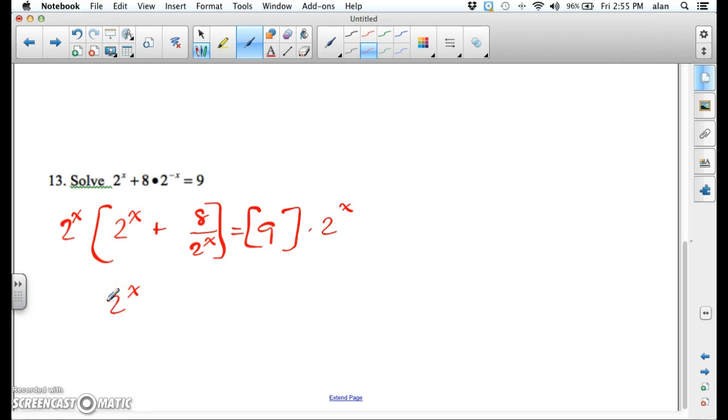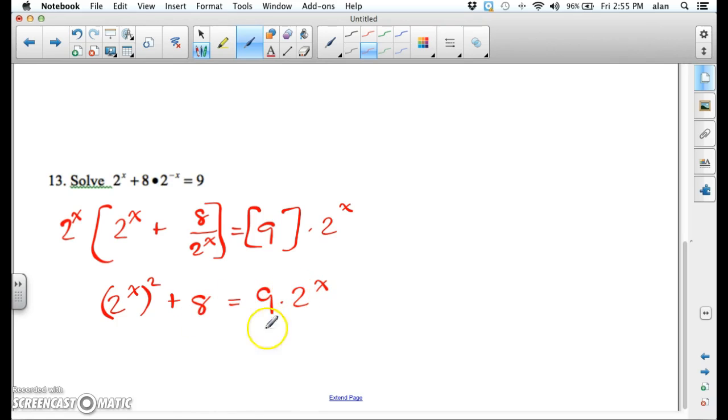So 2 to the x squared plus 2 to the x times 8 over 2 to the x. Well, those 2 to the x's will cancel out and we're left with 8 equals 9 times 2 to the x. You can't combine them since they don't have common exponents, or common bases even.